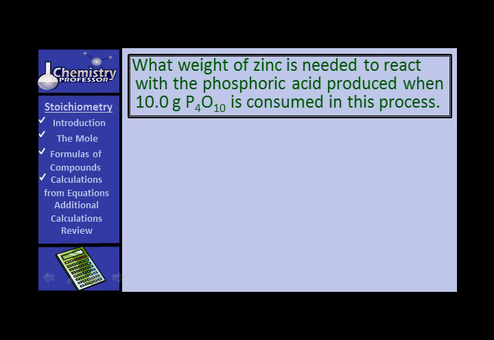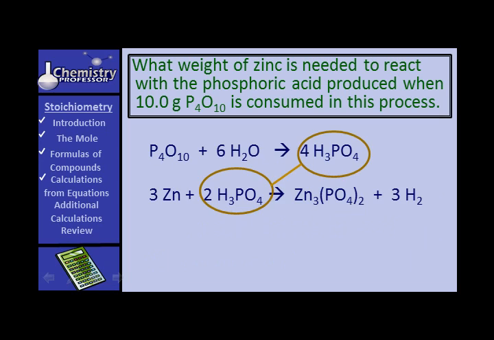What weight of zinc is needed to react with the phosphoric acid produced if 10.0 grams P4O10 is consumed in the process? And we're talking about the same process that we were using previously. Here I am showing you the balanced equations and also the connectors between the two equations. We're going to start with 10 grams of P4O10, and what do we want to know?